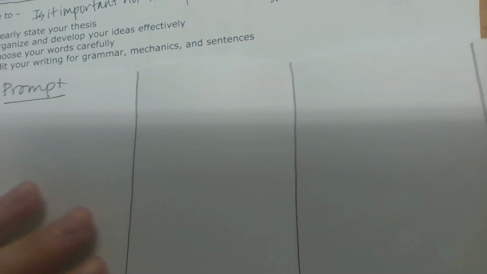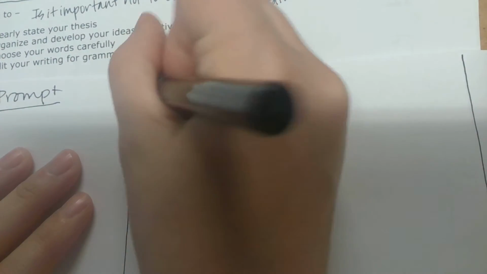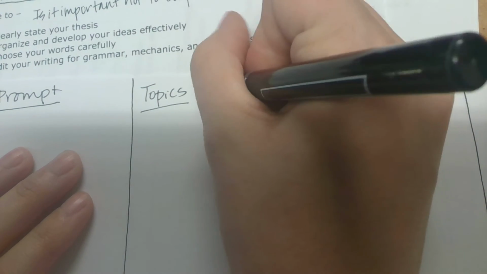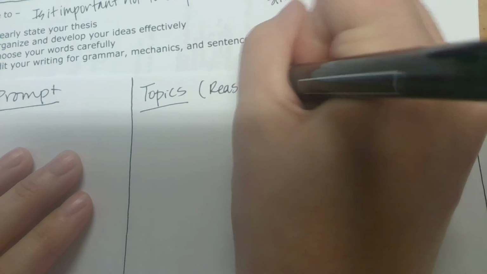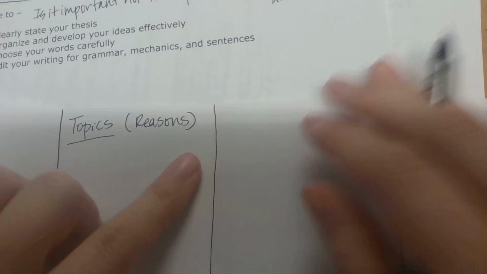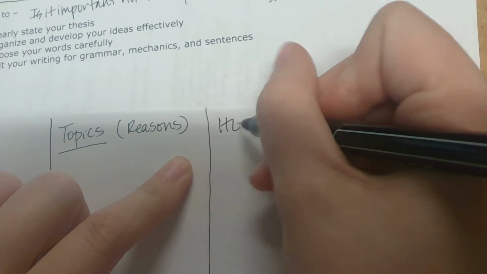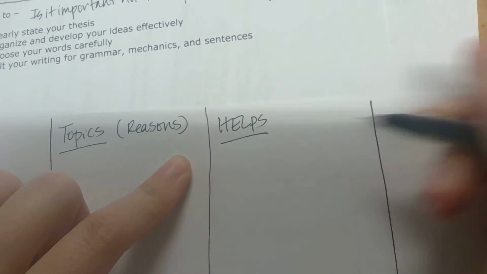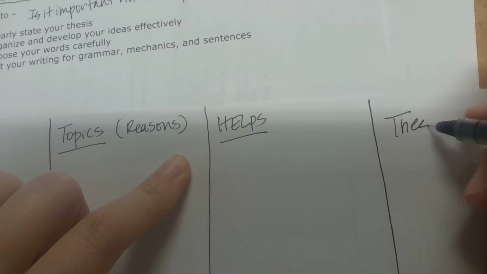but we always start with the prompt. Then we have the topics. I always tell my kiddos this is reasons. These are the reasons that support your position. Over here, we have our helps, and then we have our thesis statement.